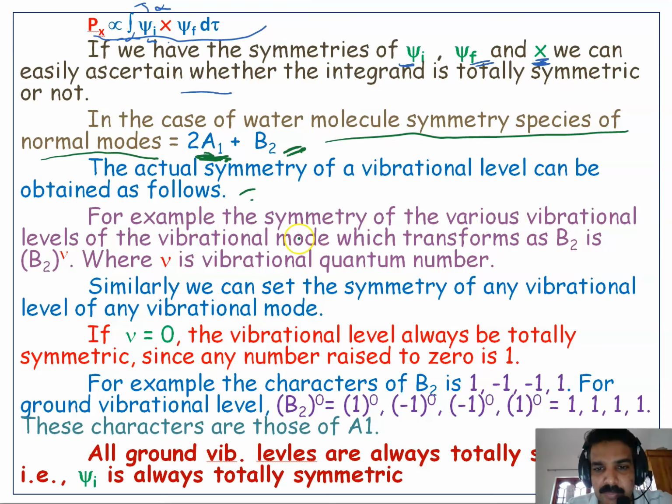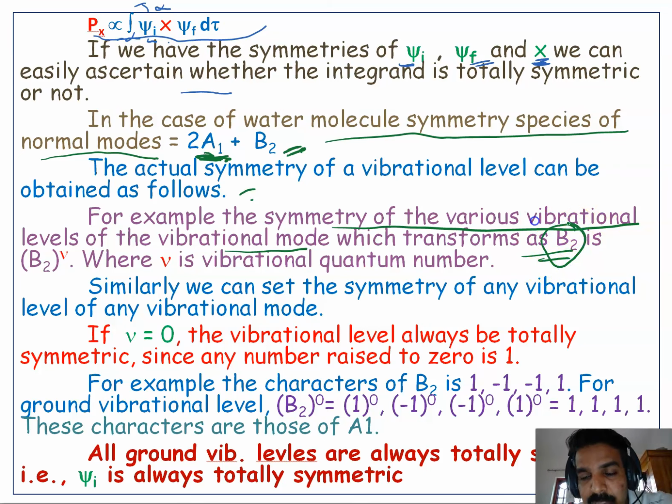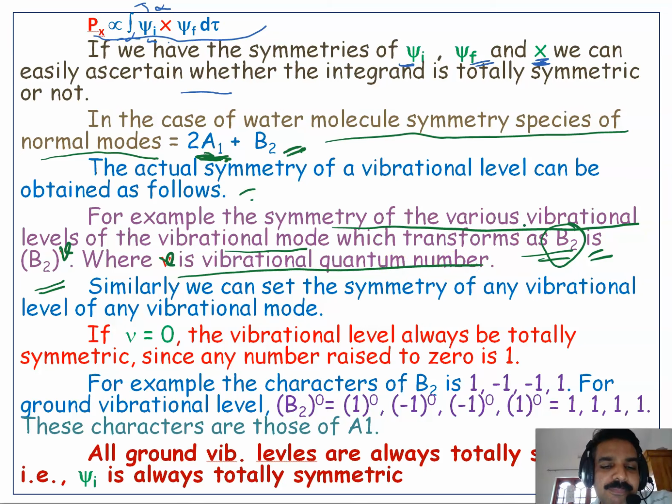For example, consider the symmetry of vibrational levels of the vibrational mode which transforms as B2, that is, asymmetric stretching. The symmetry of the different levels of asymmetric stretching is B2 raised to V, where V is the vibrational quantum number.